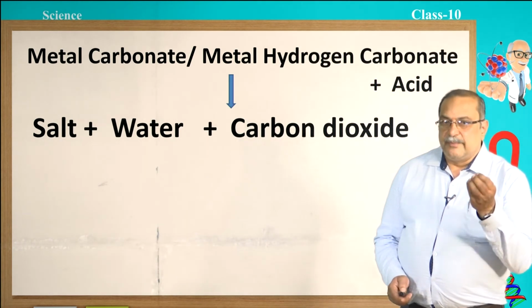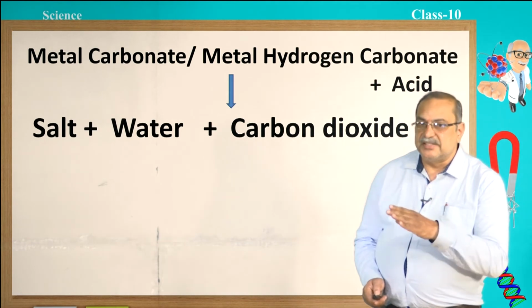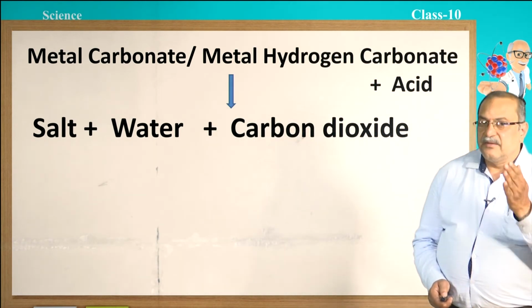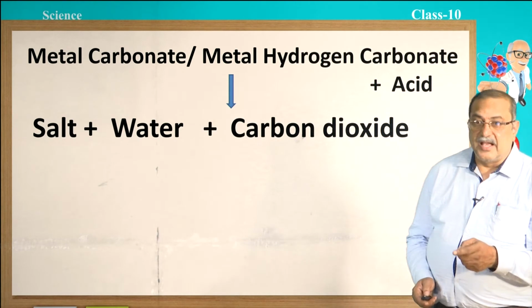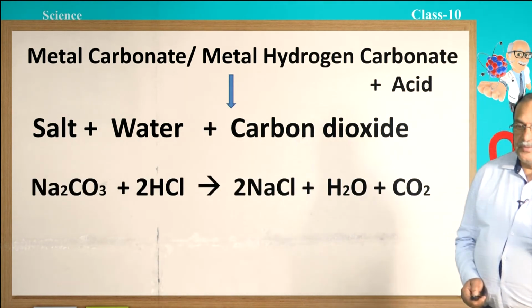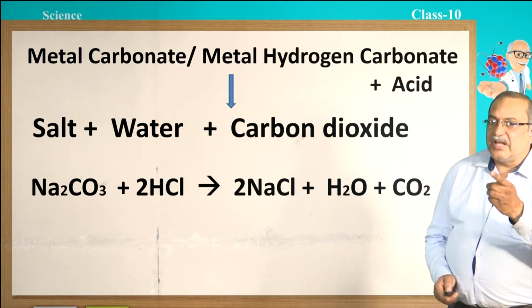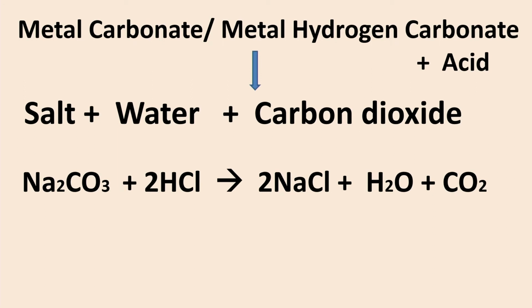Example, sodium carbonate Na2CO3 plus 2HCl gives 2NaCl plus H2O plus CO2. Here sodium carbonate reacts with hydrochloric acid to form sodium chloride, which is a salt, water and carbon dioxide.